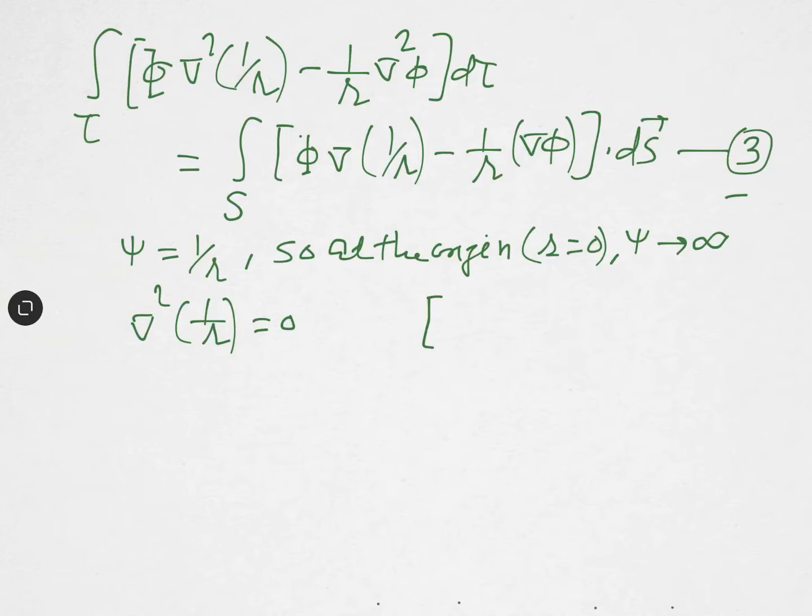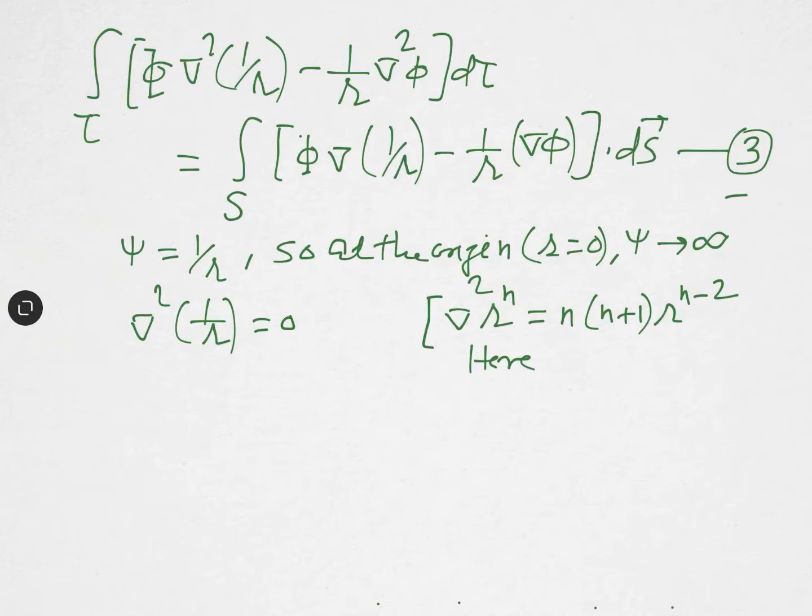But how? You can see it very easily. We know that del square r to the power n equals n times n plus 1 times r to the power n minus 2.